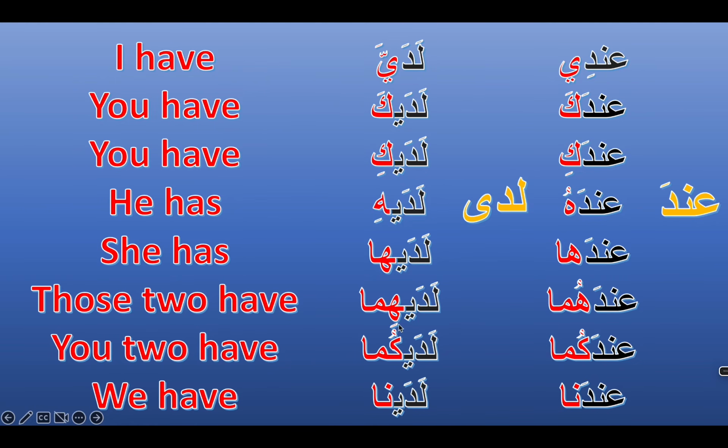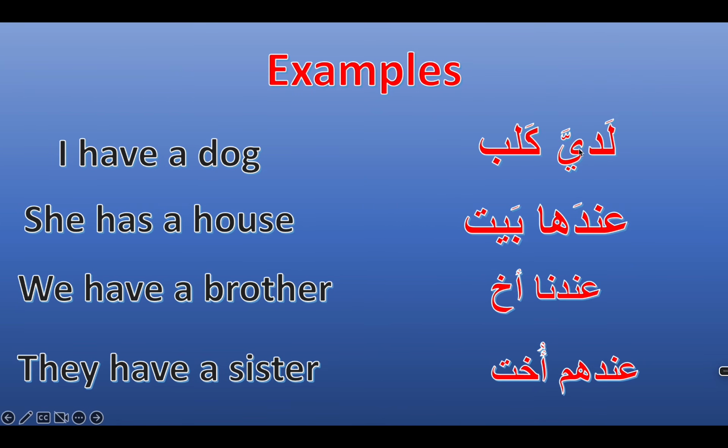So ladayhima, ladaykuma. Now it doesn't become ladaykima because this is the second person, so it's the same. Ladaykuma, ladayna. Some examples. لدي كلب, عندها بيت, عندنا أخ, عندهم أخت.